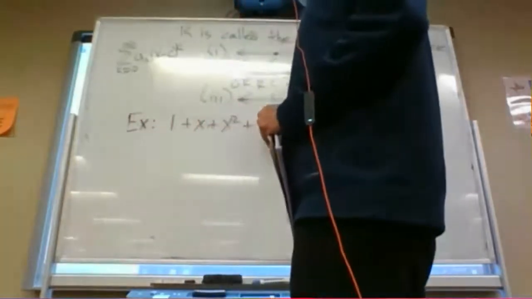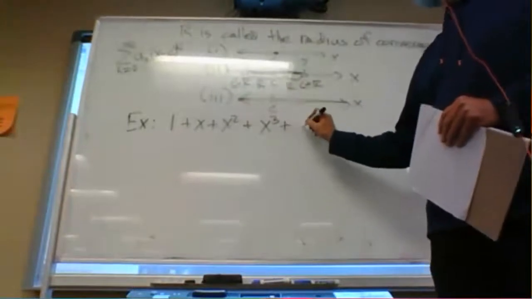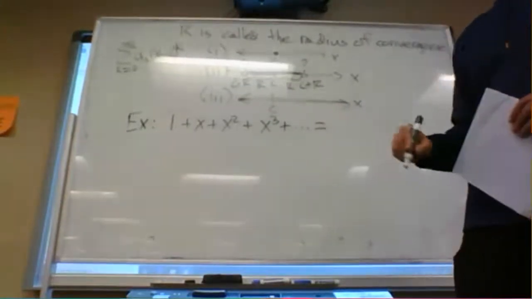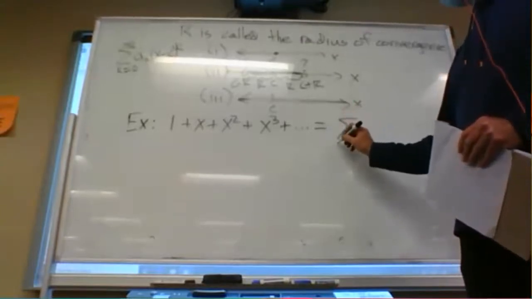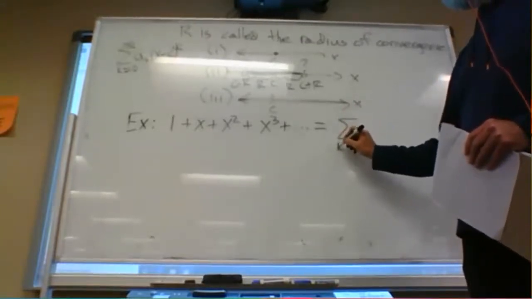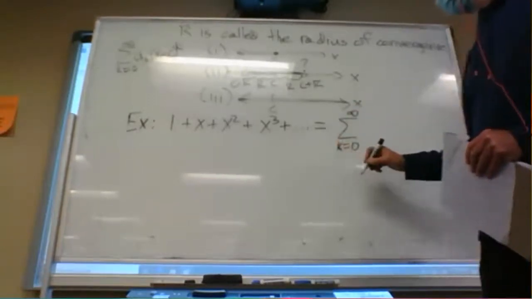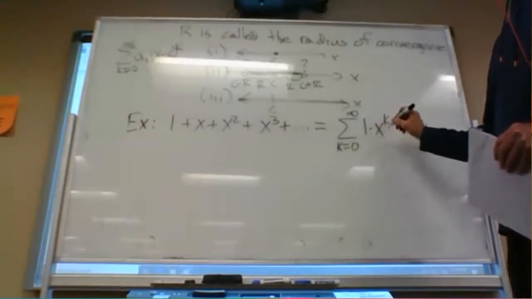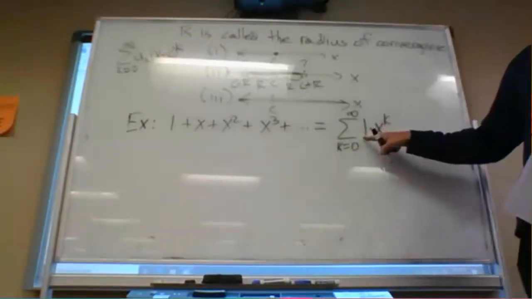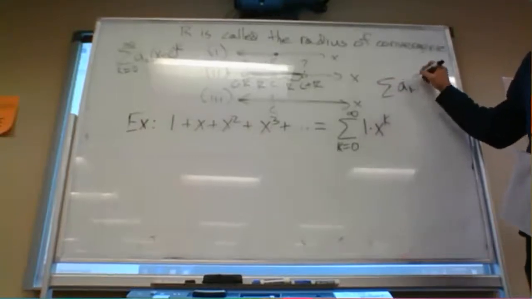What is the sum? This is a power series. 1 plus x plus x squared plus x cubed. Do you see that's a power series that goes on forever? You can also write it in sigma notation like this. Sum k equals 0 to infinity, 1 times x to the k, right?